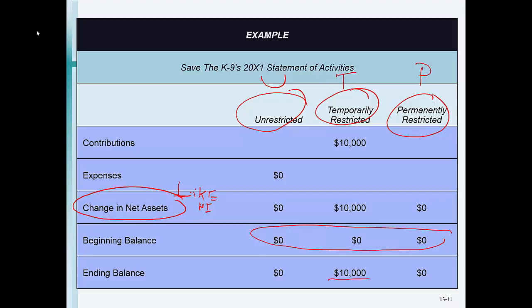Now, permanently restricted means what? Somebody gives me a contribution, I don't know, $100,000, whatever, and tells me that I have to hold that investment forever, right? I have to hold the principal forever, and what? The corpus principal has to be held forever, but any interest or earnings off of that will, and they probably will say it should be used for some purpose, like a preschool program or something like that.